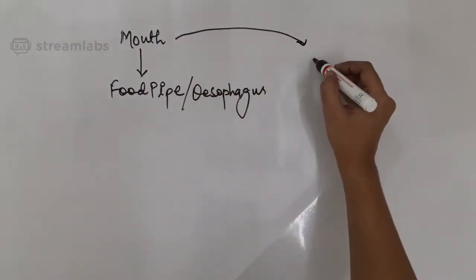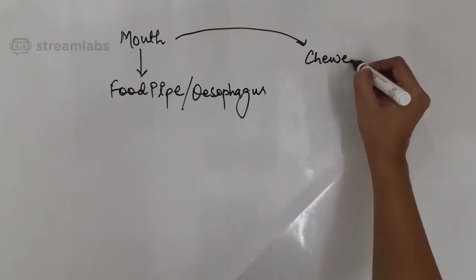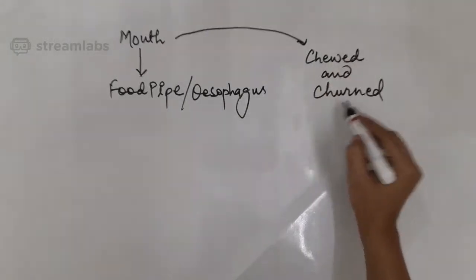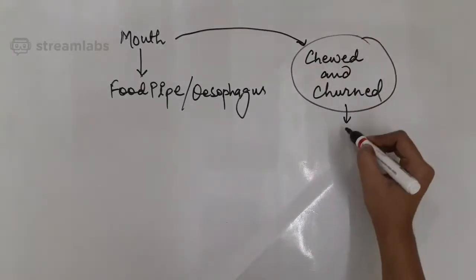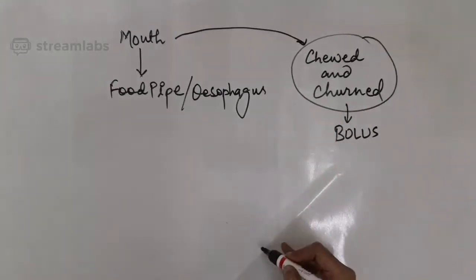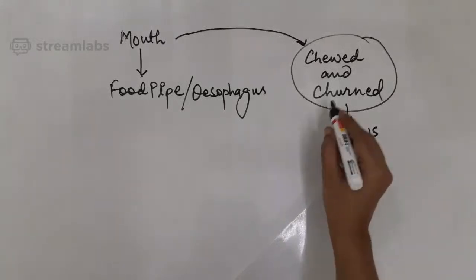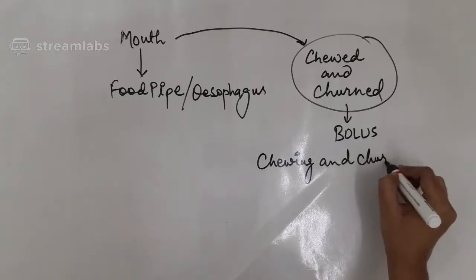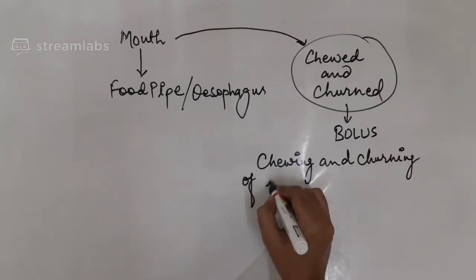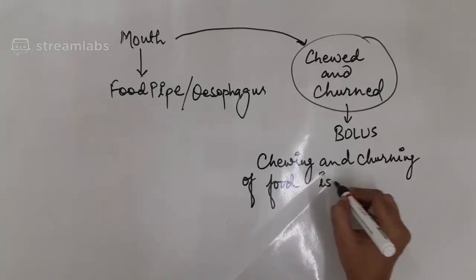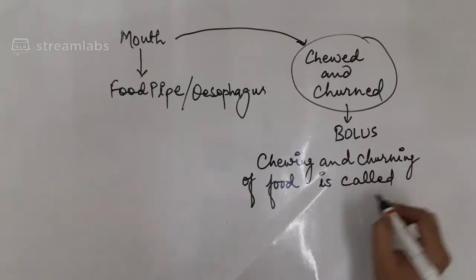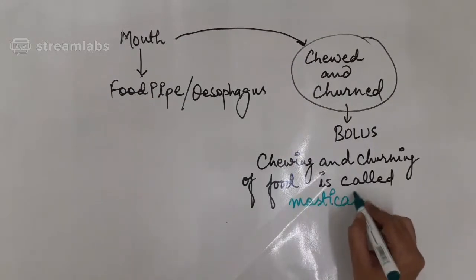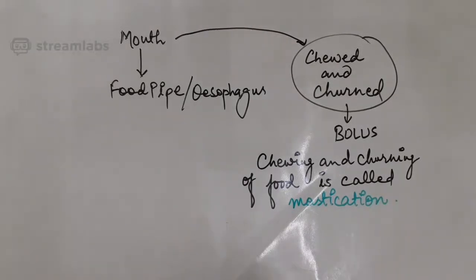The food which is chewed and churned becomes bolus, and the chewing and churning of food is called mastication. मतलब खाने को चबाना.